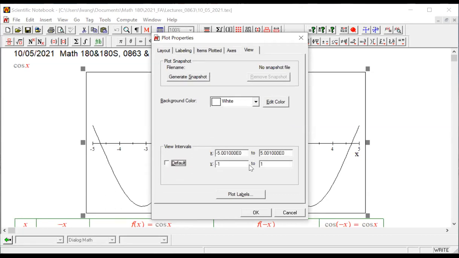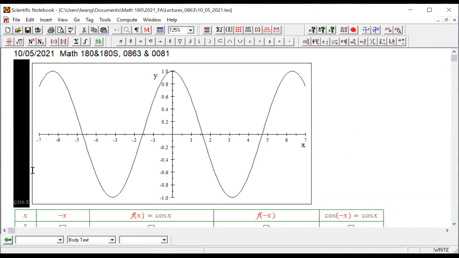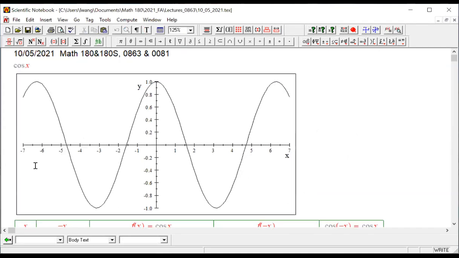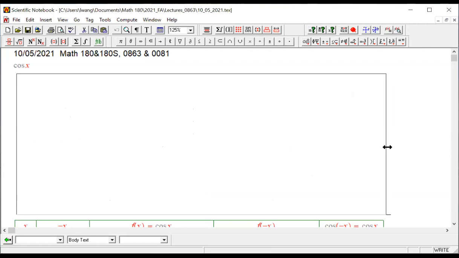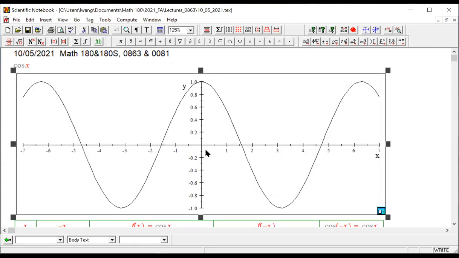I'm going to make it from -7 to +7. We talked about how it works: the horizontal input is the arc length of the piece on the unit circle from the standard position to the terminal. We have explained that.